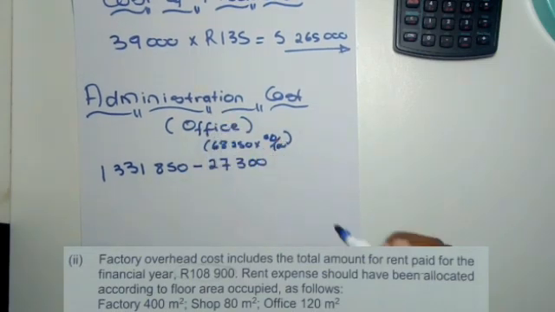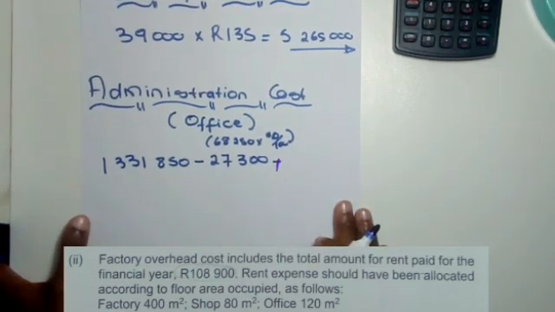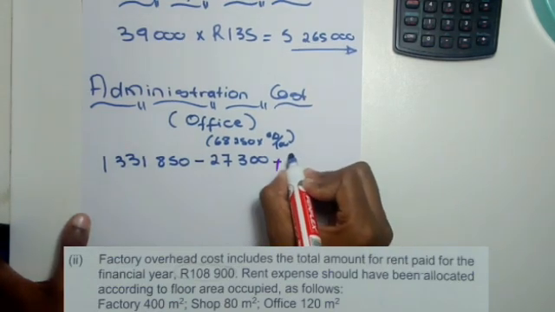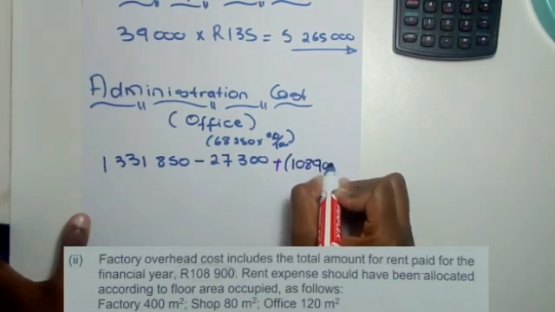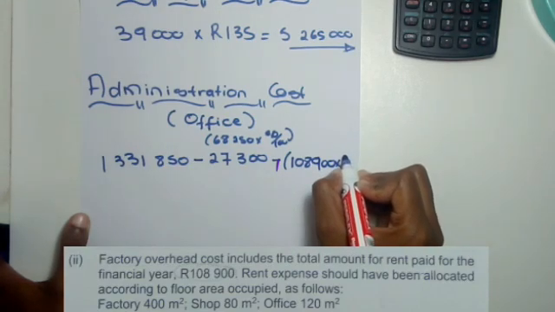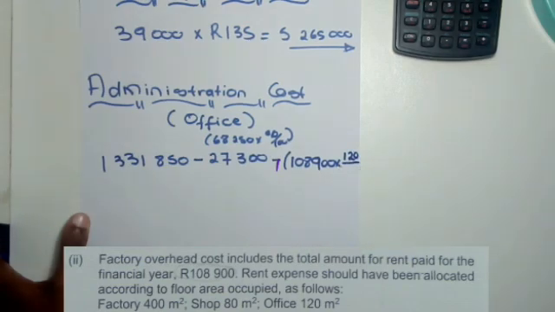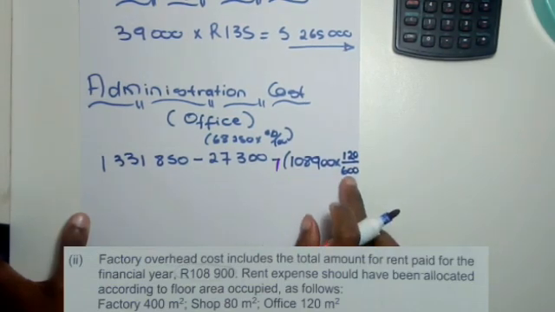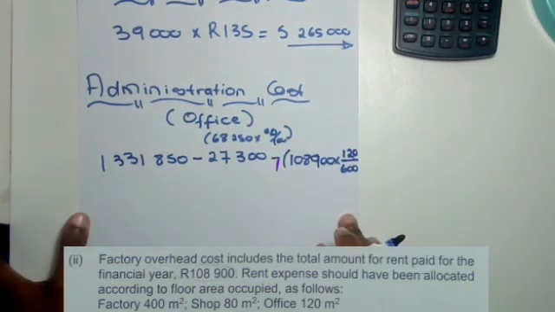So we need the office space, we need the rent amount for the office. So to get that amount, we are going to use that 108,900 to figure out our office rent amount. So our office is 120 all over 600, because we add them together, and 108,900 represents the full 600, and what we are looking for is the 120 that belongs to our office space alone.